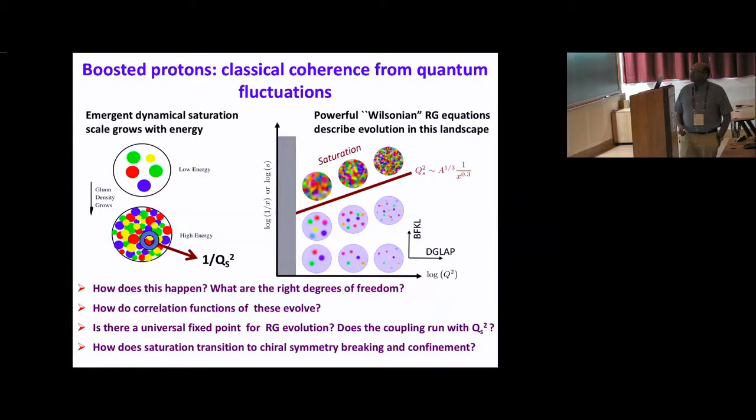In fact, there's some remarkable predictive phenomena which go under the name gluon saturation, which tells you that as you take a proton and you boost it, so here I'm boosting it now in energy this way, and if you're an electron and you're seeing the proton coming at you, then what's happening is that these quarks and gluons inside are getting denser and denser and denser, okay?